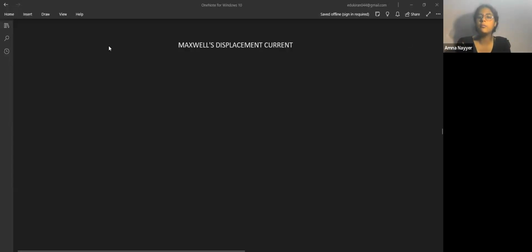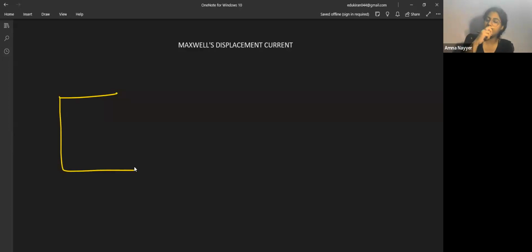Now coming to Maxwell's displacement current. If we talk about current electricity, we have seen how circuits were constructed. Basically there was an experiment done by Maxwell. He took wires, a battery, and here was the switch.